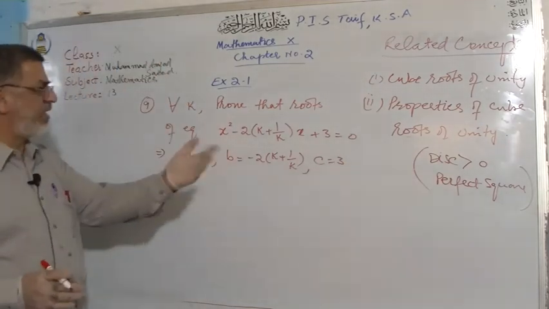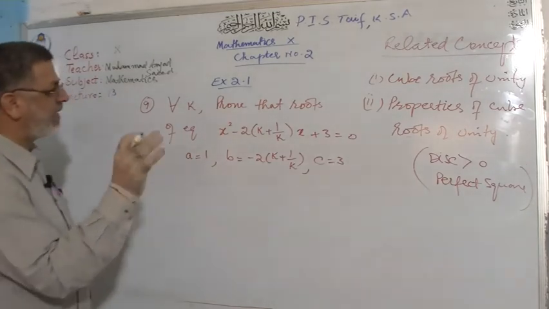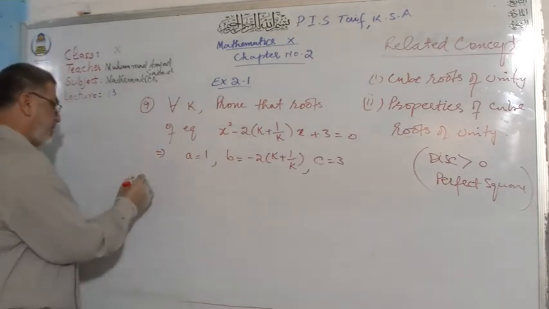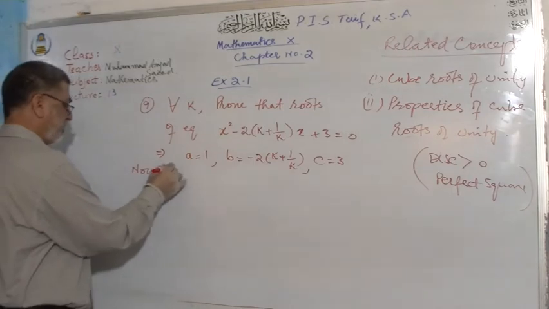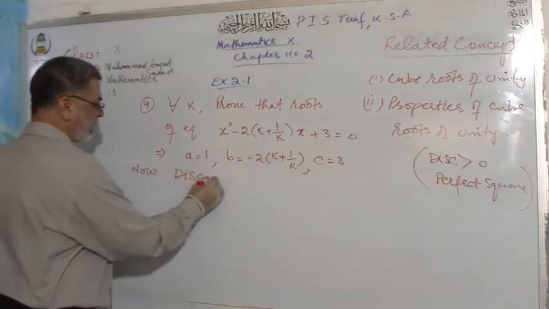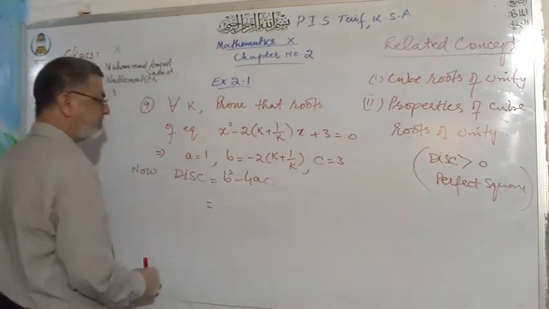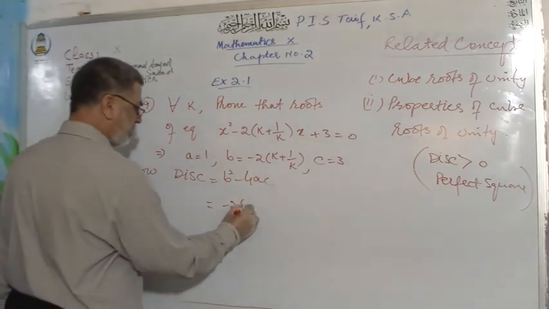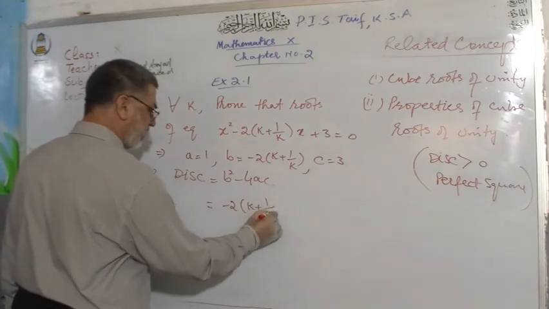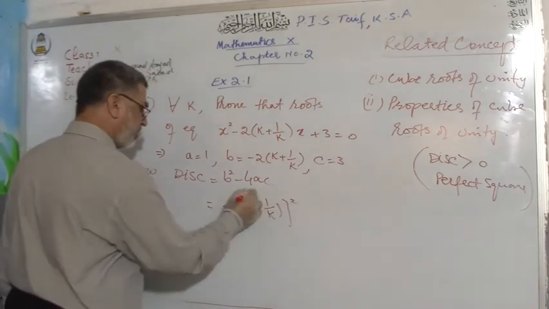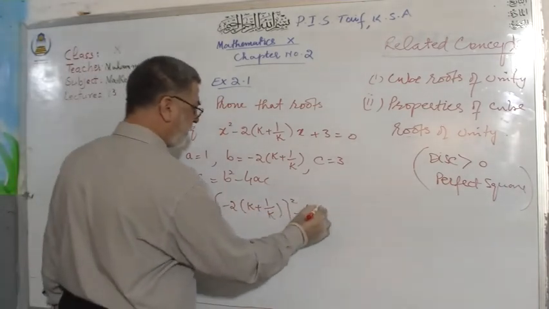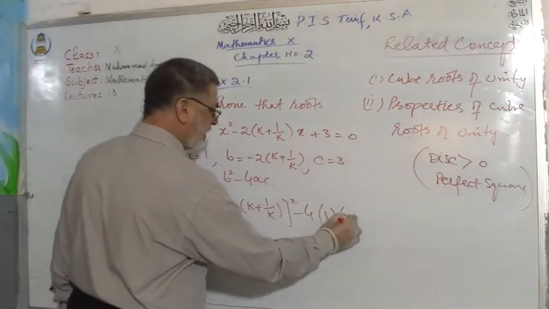Real means rational also. You can consider real and rational also. Now disc is equal to b square minus 4ac, that is minus 2 into k plus 1 over k whole square minus 4, a is 1 and c is 3.